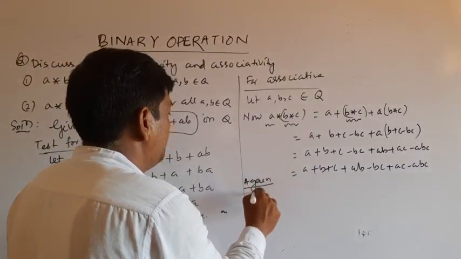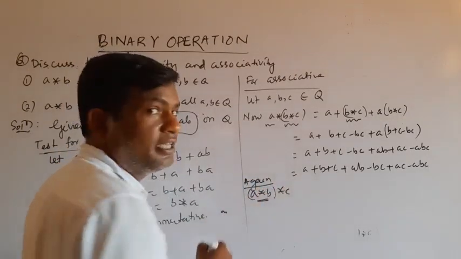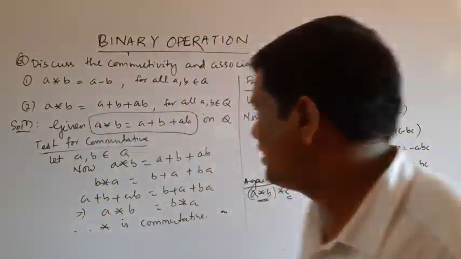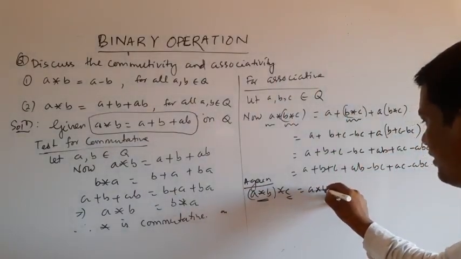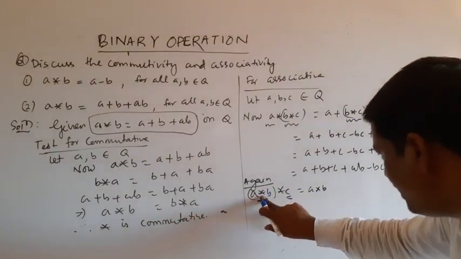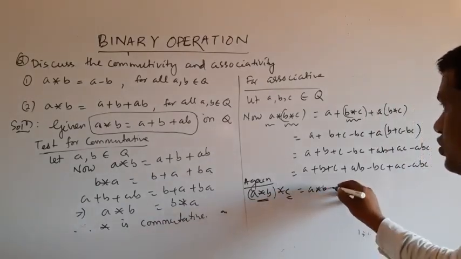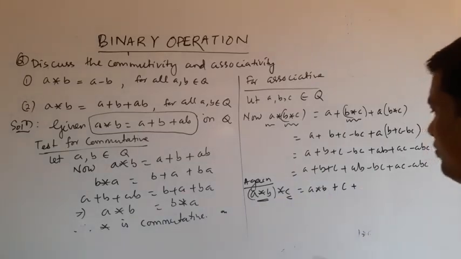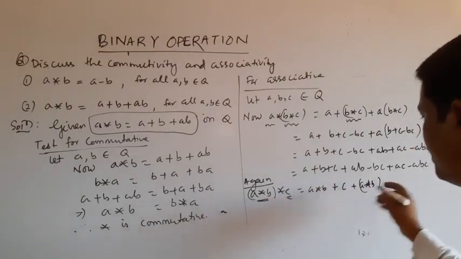Again, a star b star c. Consider this is a and this is b. What is the definition here? Star is given as a plus b plus ab. Here a star b, and c.